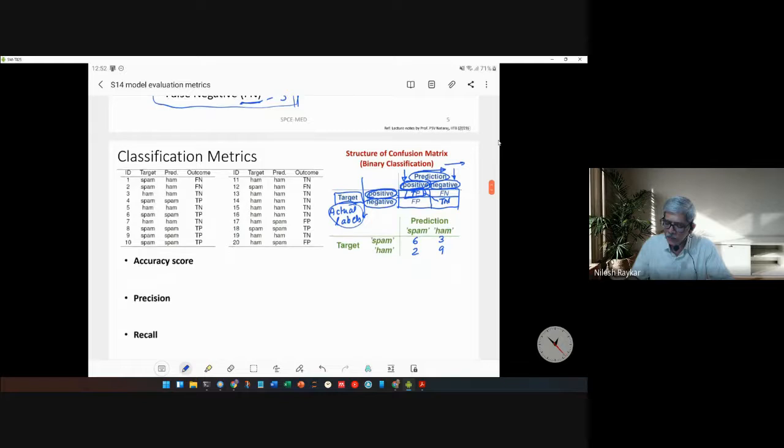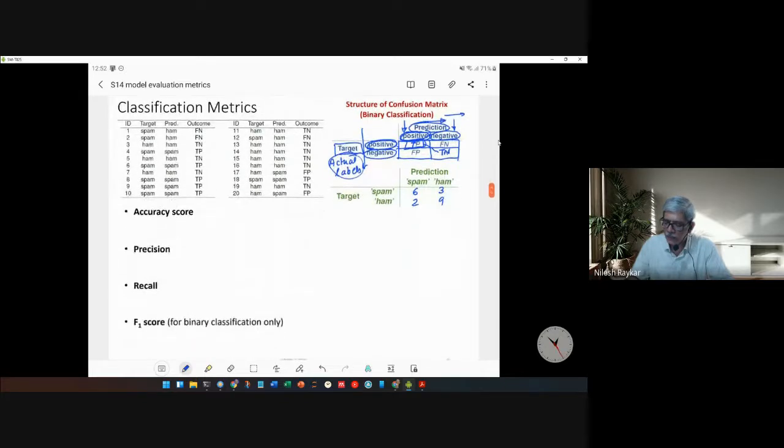Now, based on this particular matrix, there are different metrics. Actually, there are more than four metrics for evaluating the classification problem for different situations, out of which I am presenting four here, which are more popular. The first evaluation metric is called the accuracy score.